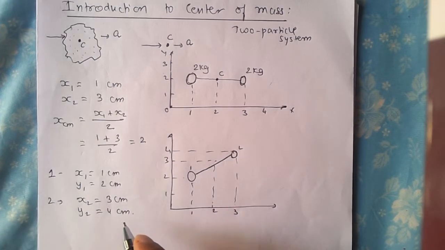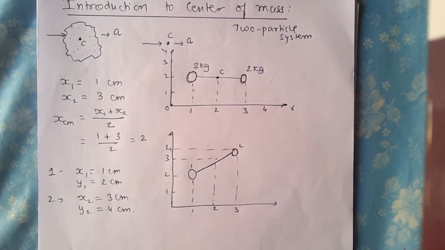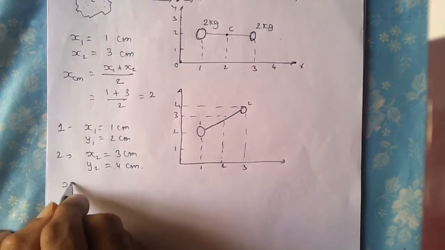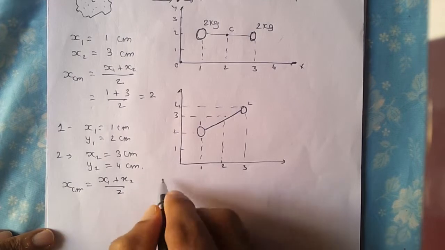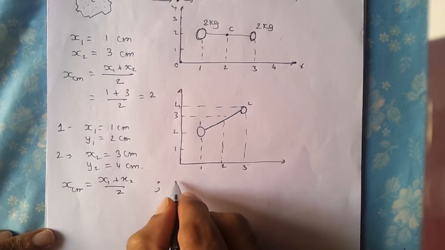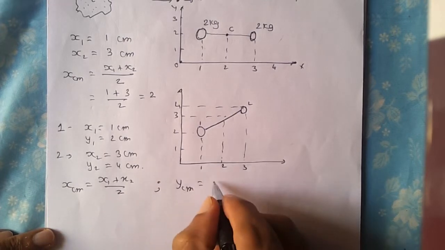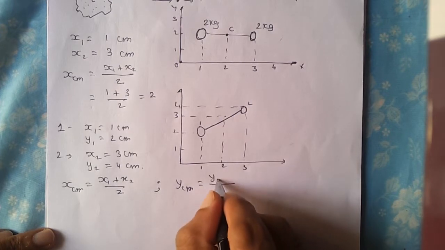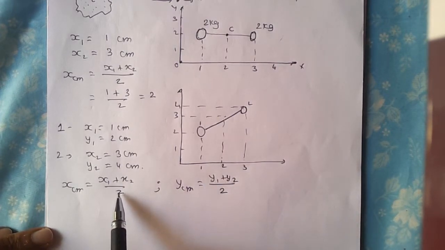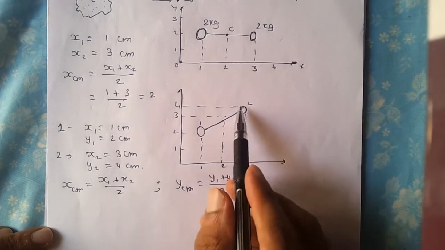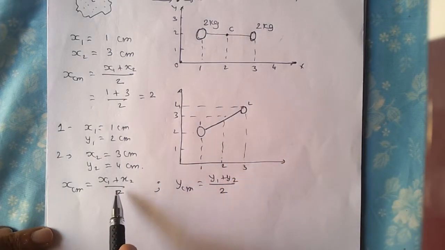Then the x coordinate of the center of mass will be obtained by x1 plus x2 upon 2, and the y coordinate would be obtained by y1 plus y2 by 2. Just to clarify, we are taking 2 because there are 2 particles, because it's a 2-particle system. If there were 3 particles, we would take 3.